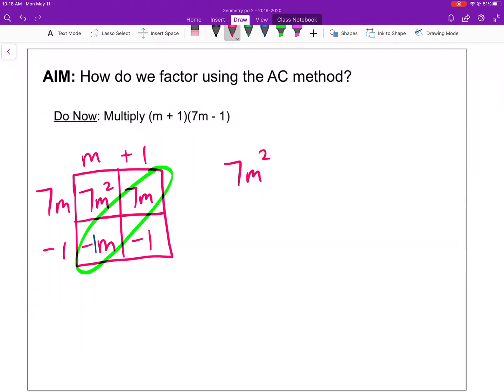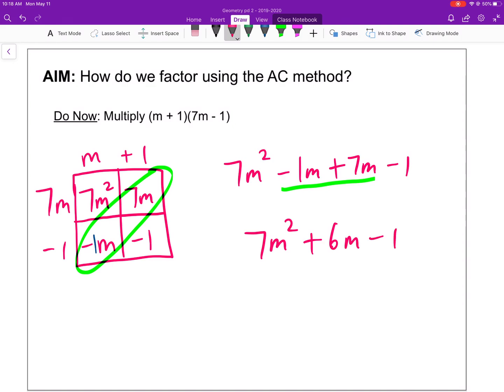So 7m squared minus 1m plus 7m minus 1. Combine those like terms. Negative 1m plus 7m gives you 6m. So we have 7m squared plus 6m minus 1. And you're done.